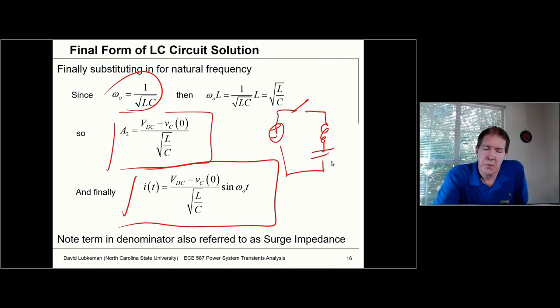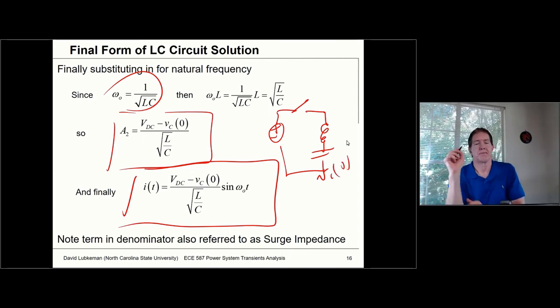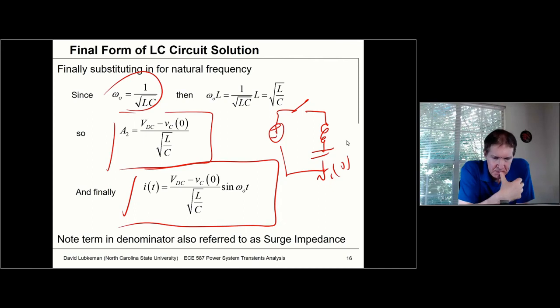This capacitor could have some initial voltage across it. And basically, the voltage across that switch, when that switch closes, is actually VDC minus VC0. So what we're going to have in the numerator here is the voltage across that switch before it closes.